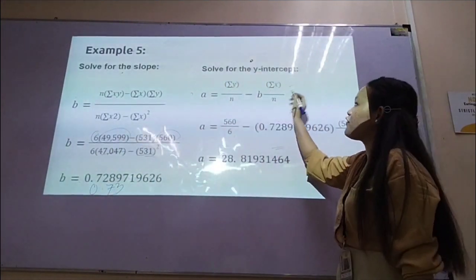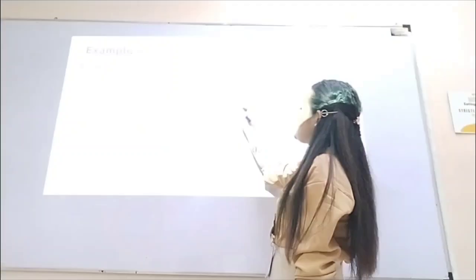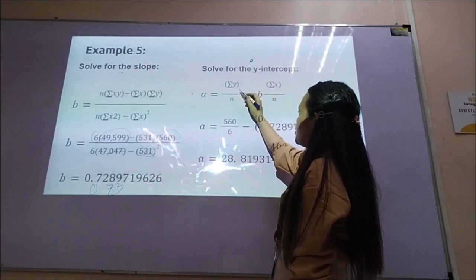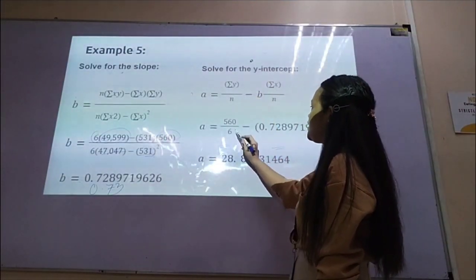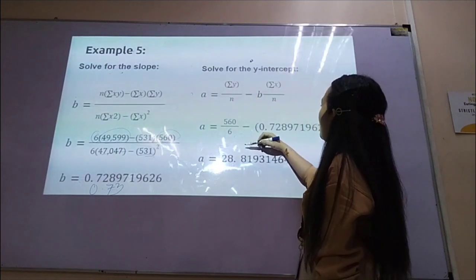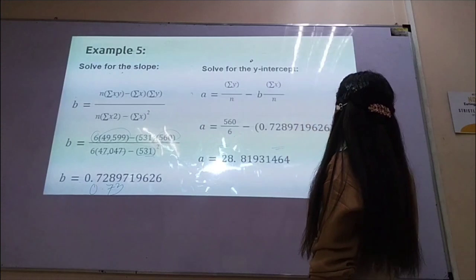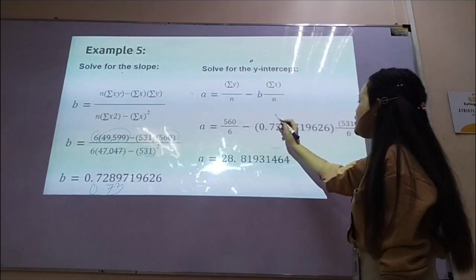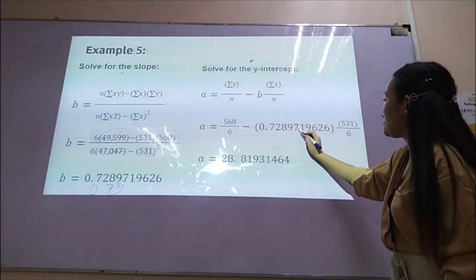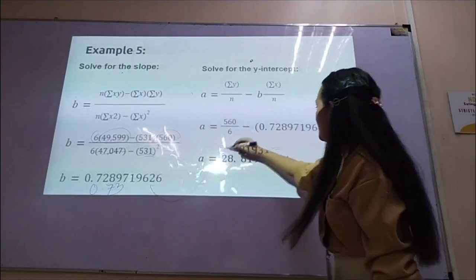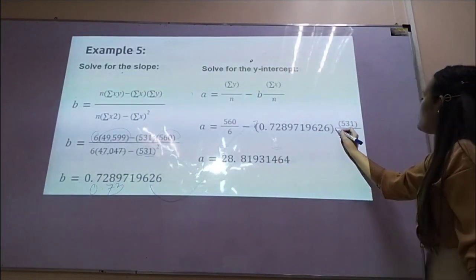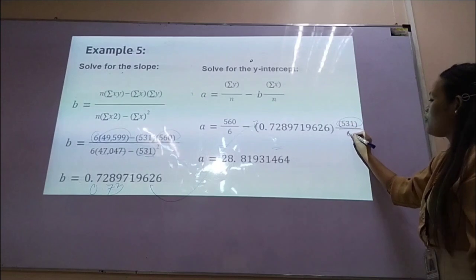Now, we are going to solve for the y-intercept, which is the summation of y over n, which is 560 over n, minus the slope multiplied to the summation of x over the variables, which is 0.7289719626 multiplied to 531 over 6.